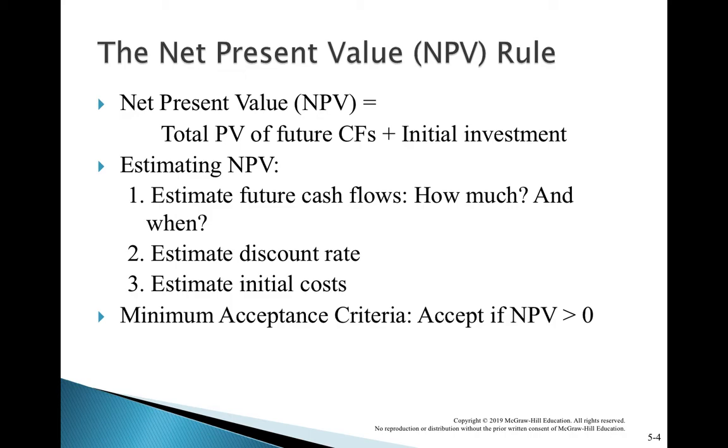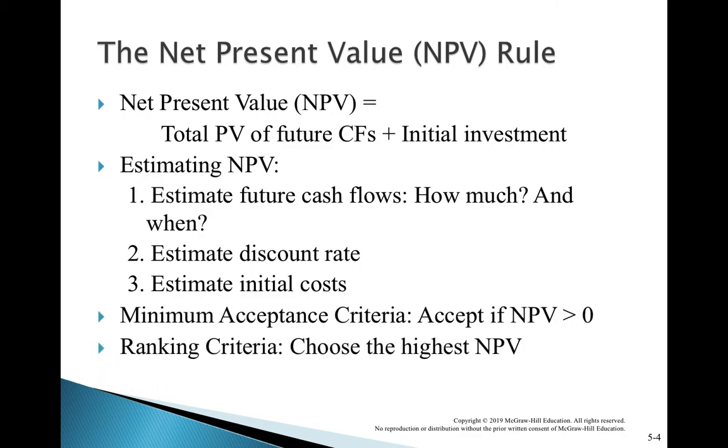What is the acceptance criteria? The normal minimum acceptance criteria is you accept the project if NPV is positive, greater than 0. You reject the project if NPV is negative or less than 0.